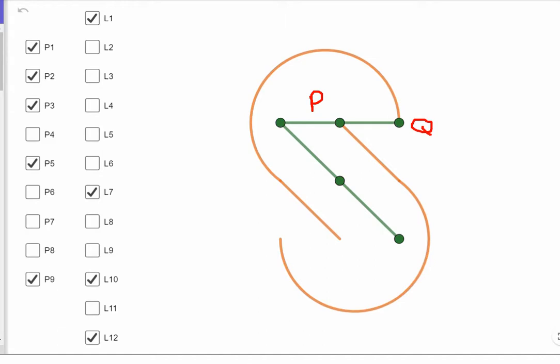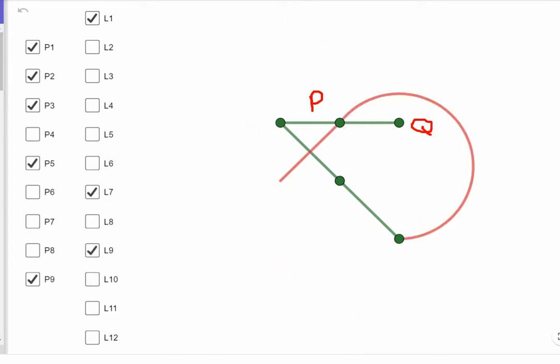For example, what if we connected P to the line L? Remember, this is the line L over here, the green line L. The diagonal is the green line L. And suppose we connected P to line L. Remember, this isn't an intersection. This is where it connects over here. Now I have to find a line through Q that is also parallel, which you can see is line 12. And remember, these are not intersecting.